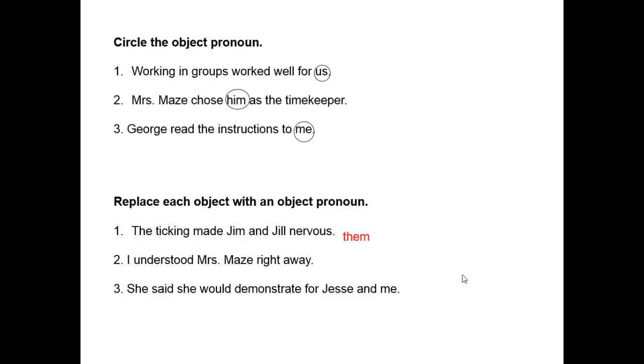Let's replace Mrs. Mays with an object pronoun. If you wrote her, you're correct. And number 3, she said she would demonstrate for Jessie and me. Let's replace Jessie and me with a pronoun. The pronoun us fits in this sentence. She said she would demonstrate for us.